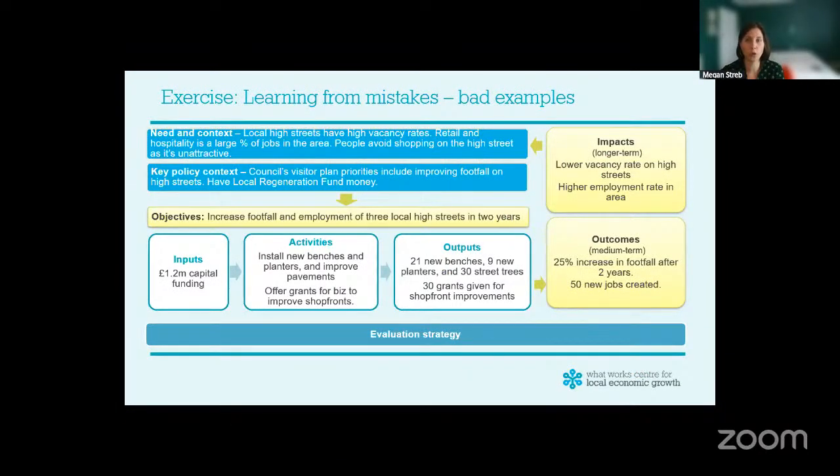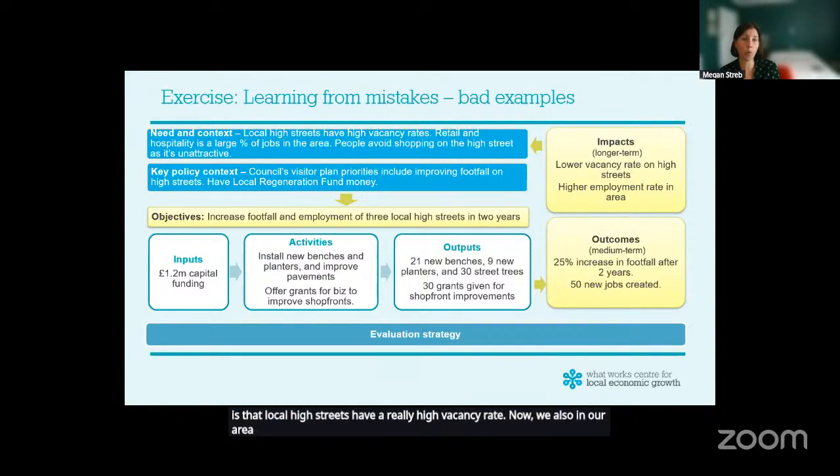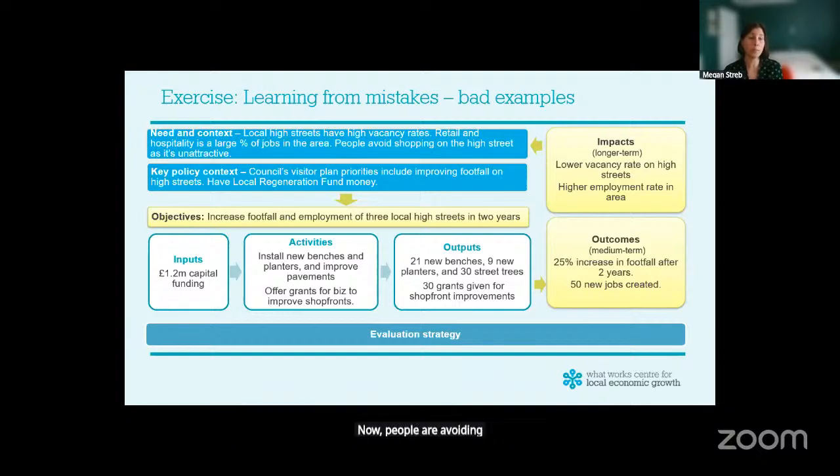So let us talk through what this looks like. We've got need, and the context is that local high streets have a really high vacancy rate. Also in our area, a large proportion of jobs are in retail and hospitality. Now, people are avoiding shopping on the high street because it's unattractive. Okay, so that's our need.